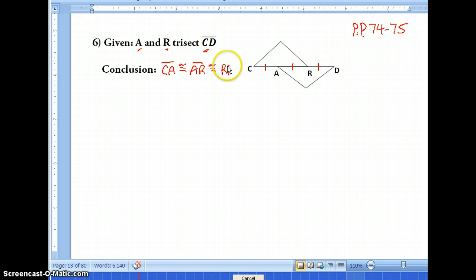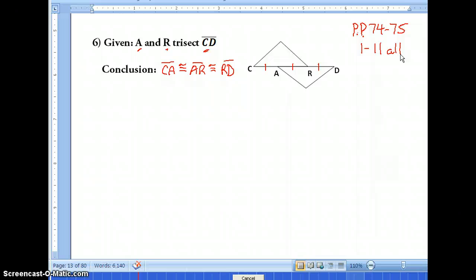And that's all we're going to do on 1 to 11, the even numbers. We're going to write the given, draw the picture, and write a conclusion. When we get to the odd numbers, we're going to actually prove them. We're actually going to go ahead and write step 1 with our first statement, and our reason is given, and then we'll finish the proof.